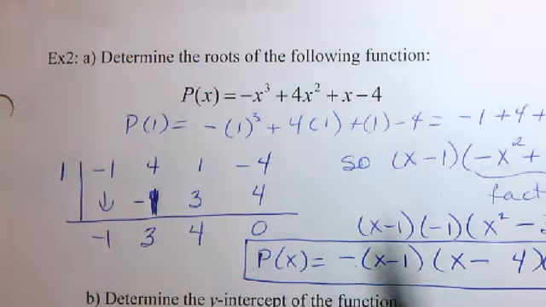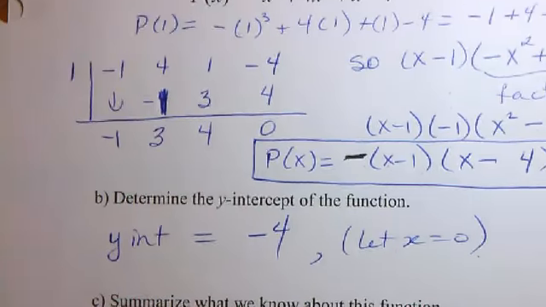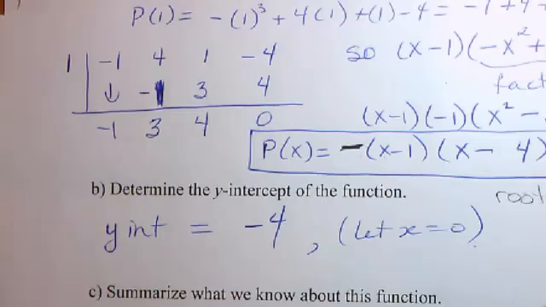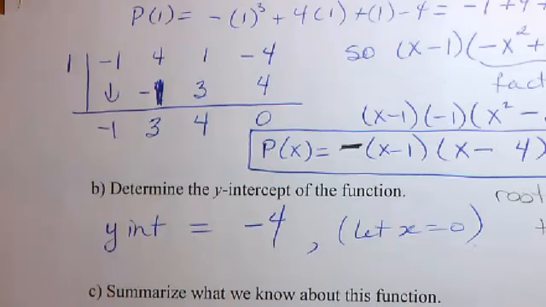I've got a negative, and I'm stressing this negative over here, bracket x minus 1, and then I've got a bracket with x minus 4 and a bracket with x plus 1. So all of this tells me that my roots are +1, +4, and -1.